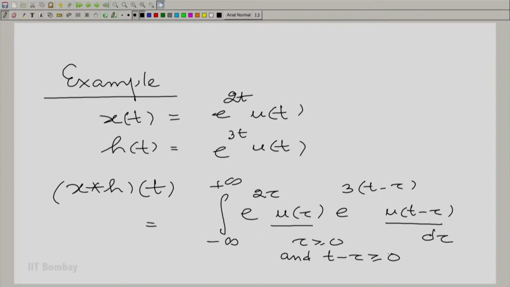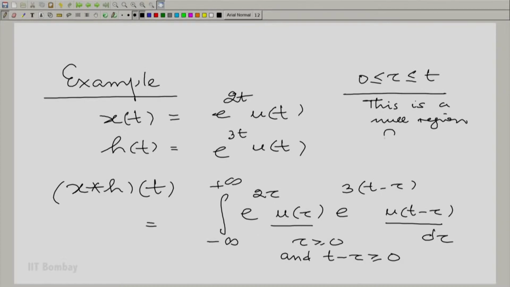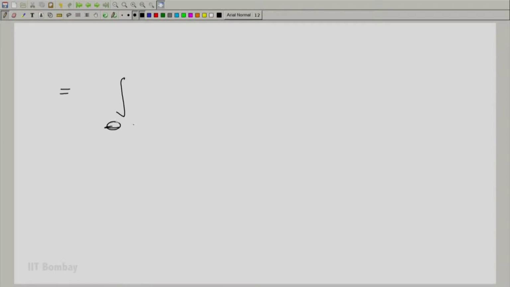It has a meaning for 0 less than or equal to tau less than or equal to t, and this is a null region for t less than 0. So, in fact, we can write this convolution as follows.